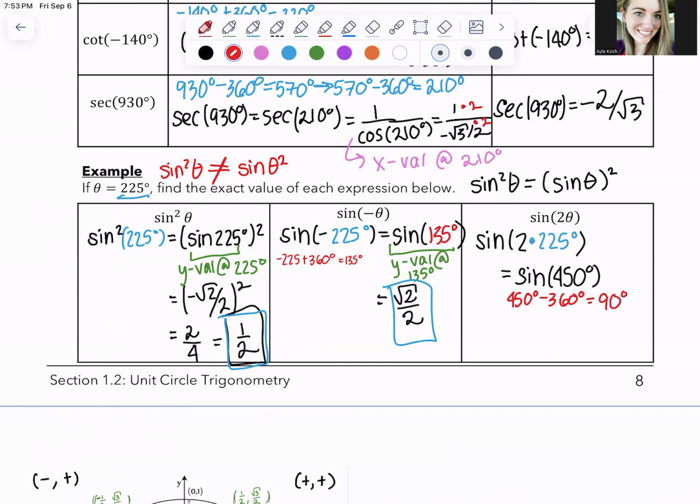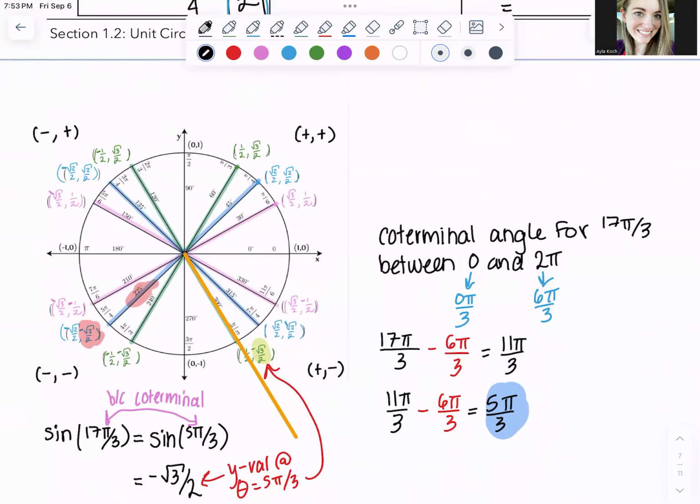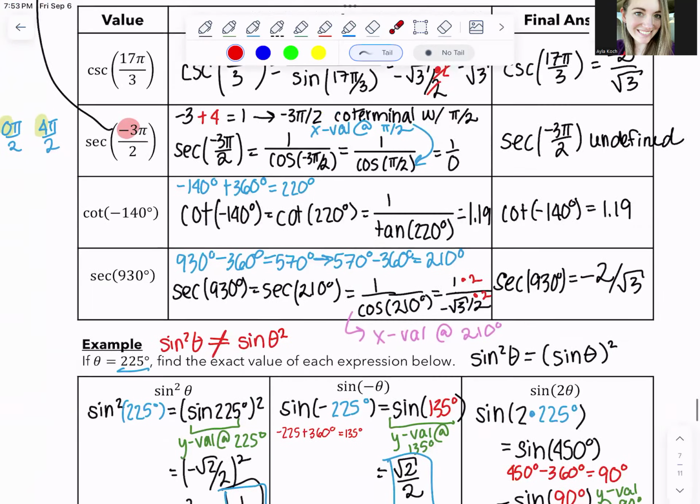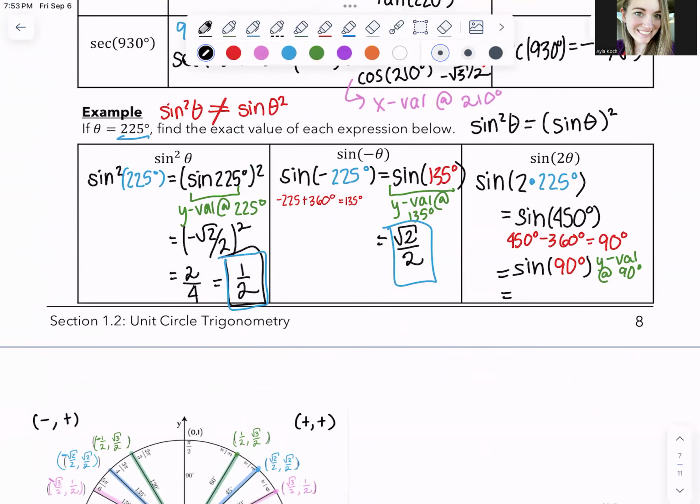That's 90 degrees. So this is equal to sine of 90 degrees. That's going to be the y value at 90 degrees. Looking at the unit circle, the y value at 90 degrees is 1. Woo!